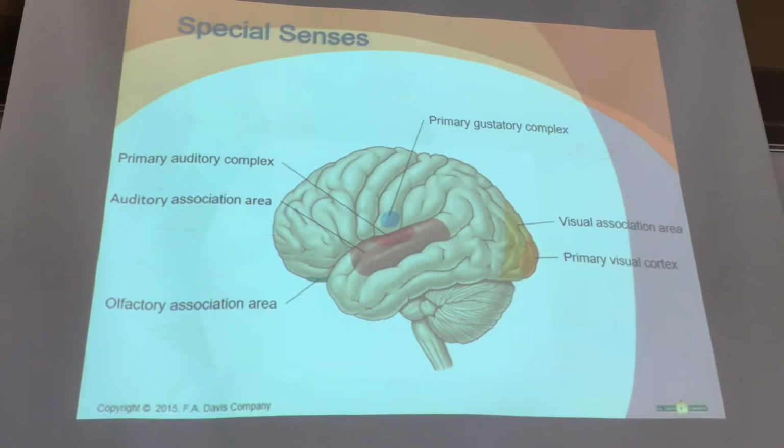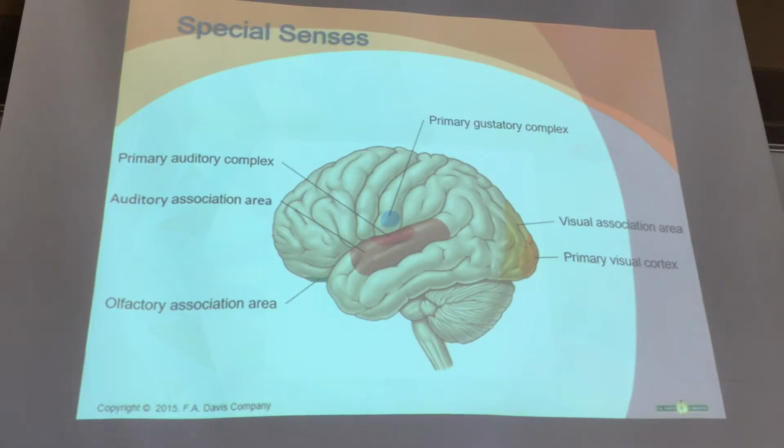And then you've got a visual association area that then takes all that information and interprets it into things that we are familiar with. This is how we go from seeing something to recognizing it. So like our primary visual cortex will see our friend, but then our visual association area will say that's our friend. Got it? There's actually two parts to that.